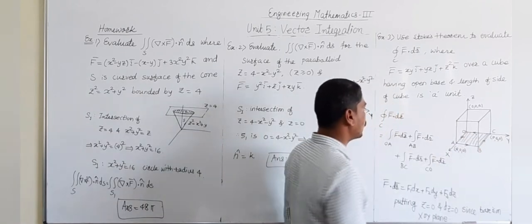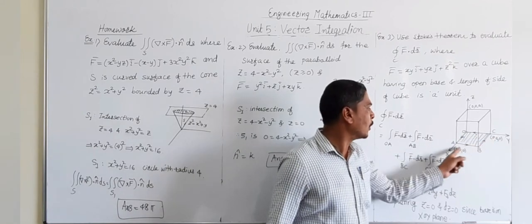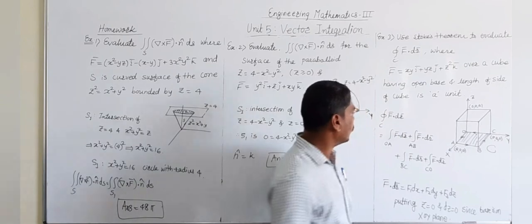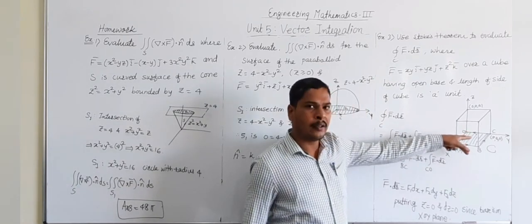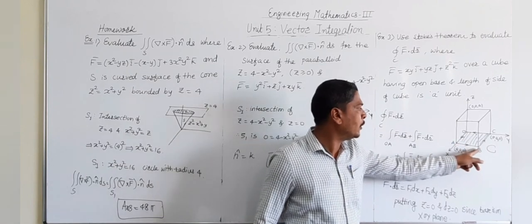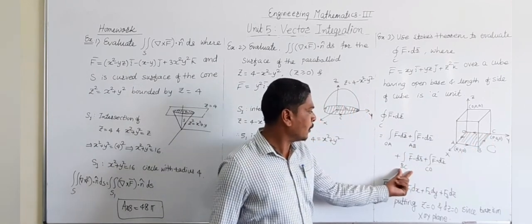So our requirement is to find this closed integral over the curve C. So this is curve C. So for that we find line integral from O to A, then A to B, then B to C, and then C to O as per given in our hint.